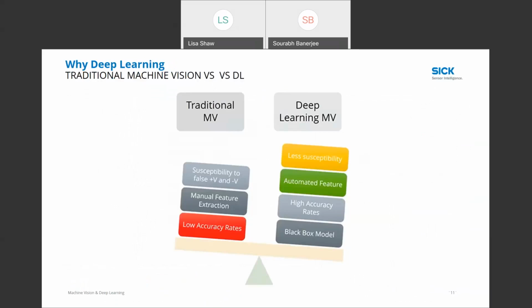There are multiple characteristics, but the main one that creates an advantage for deep learning is this. In traditional machine vision, there is a step where you have to manually extract the features based on the object that you're trying to detect, in order to come up with a reliable machine vision inspection application or any detection application.